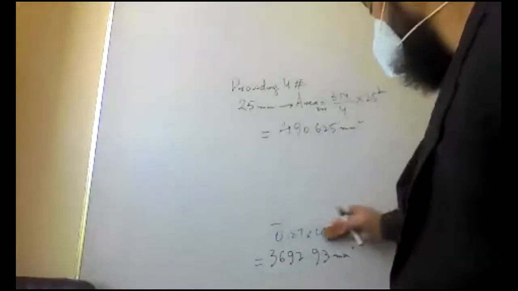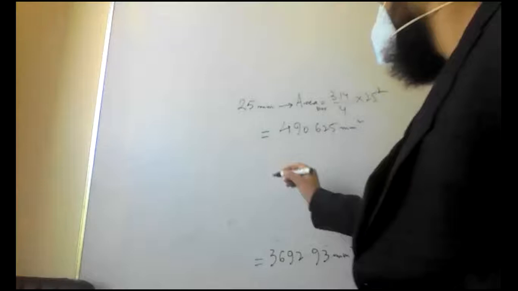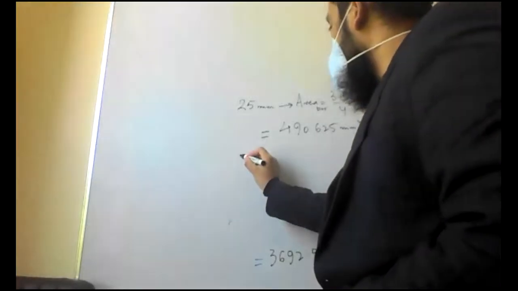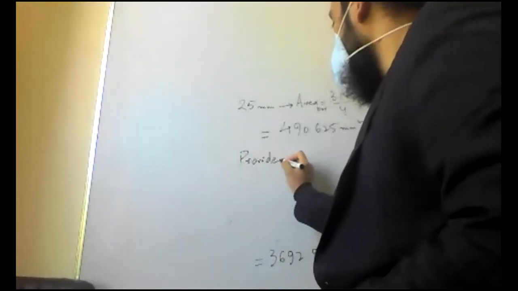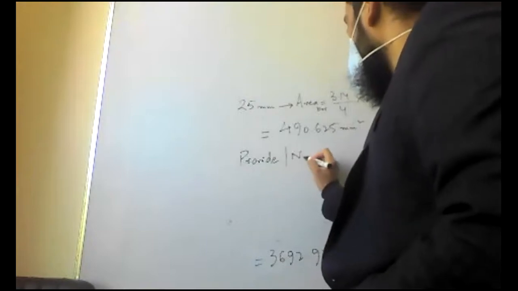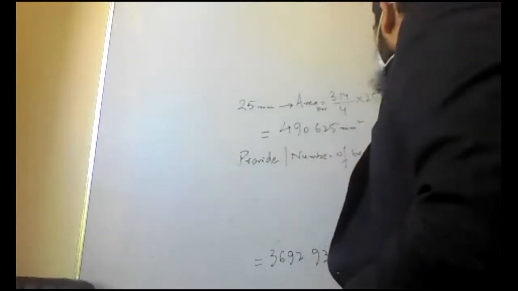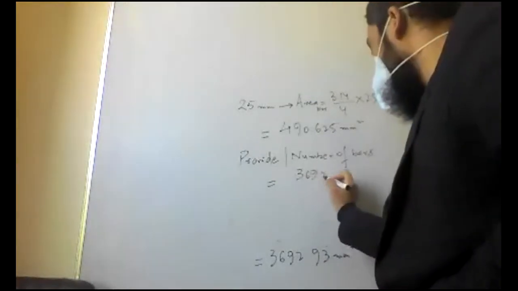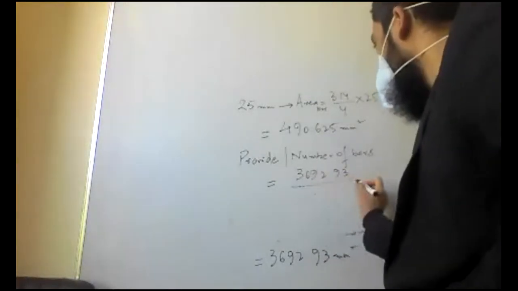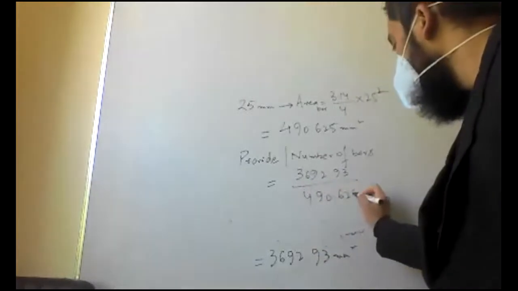Now, how much do we require? So you cannot provide 4 if you are providing 25 mm bars. So we will have to provide a number of bars. How many do we need to provide? It's 3692.93 divided by 490.625.